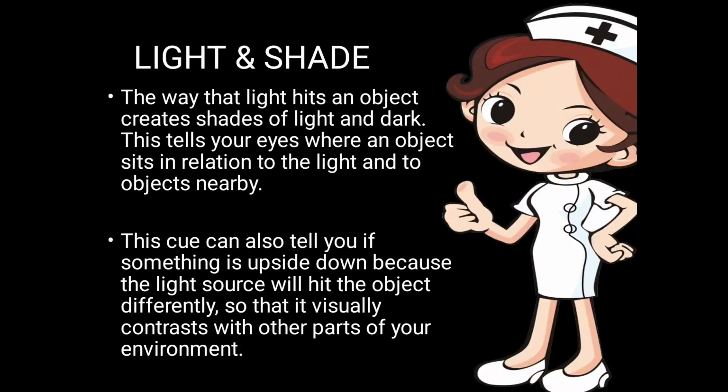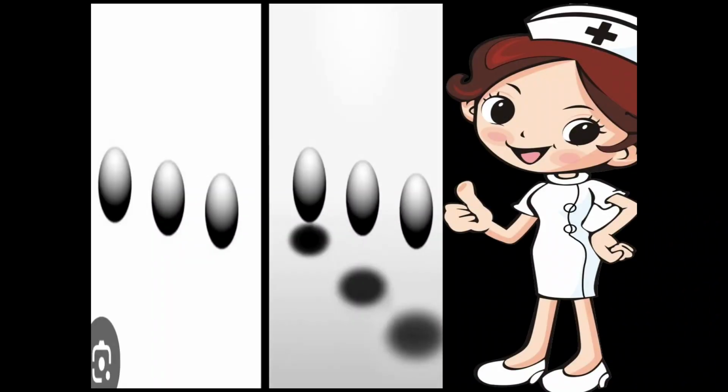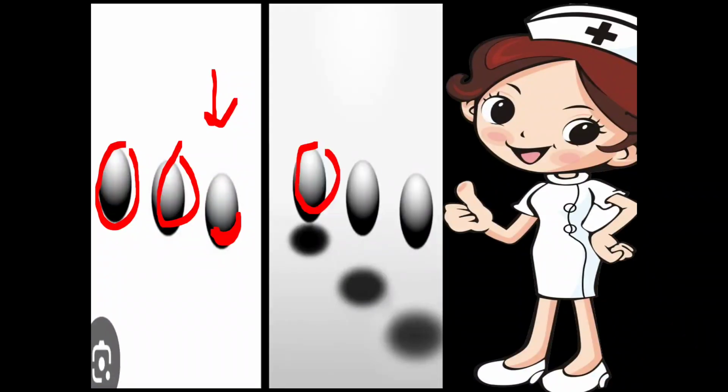Okay, so let's see. These are the three balls which are drawn by someone. The darker shades are at the downside, which means the light is coming from above. Because of the light reflection, this becomes lighter in shade and the bottom becomes darker in shade. The distance of this is much less as compared to the ground level.